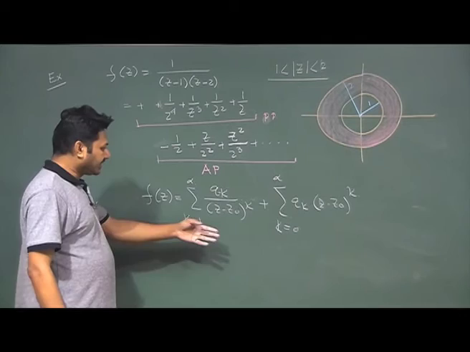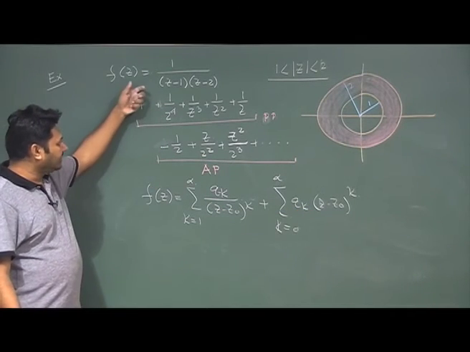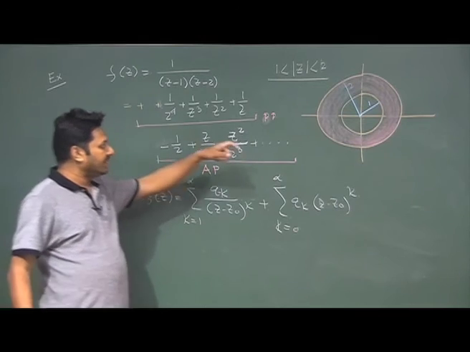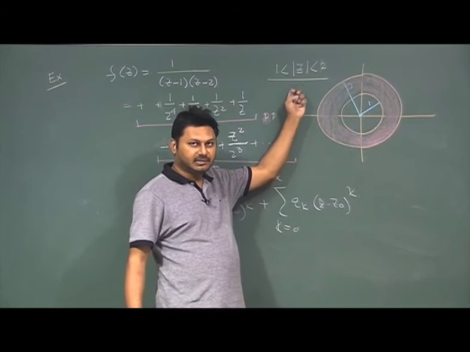So, there are two parts associated with the function f(z), and this function is evaluated in this annular region with the condition given like this.